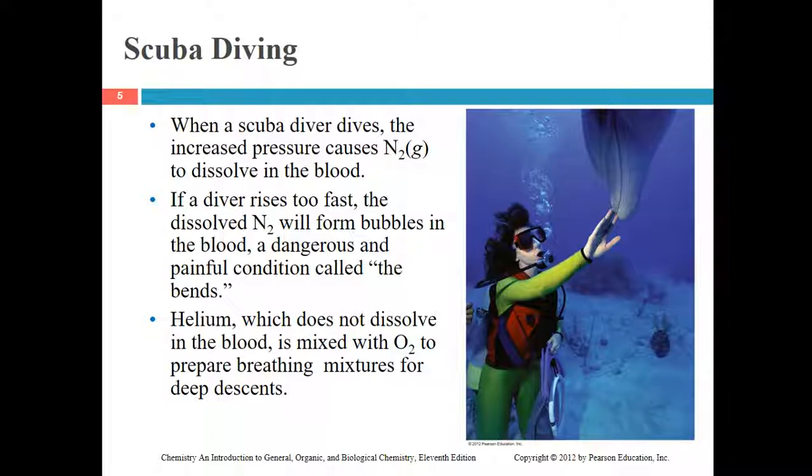It's also why they say don't go for a plane ride as soon as you've finished diving. You've got to give yourself X amount of time before you get in a plane where it's decreased pressure. And you actually have to calculate, okay, I've been down diving for X amount of time, so I've got to make sure that I give my body X amount of time to get that extra nitrogen out so issues don't happen.